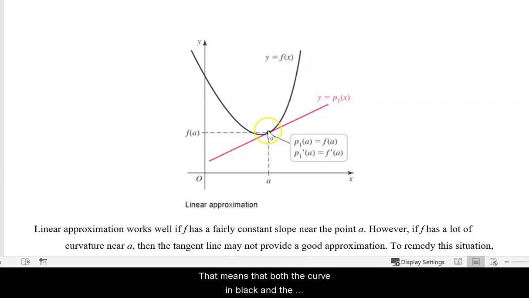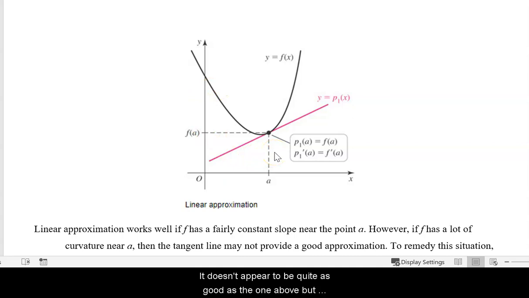That means that both the curve in black and the tangent line in red share the point (a, f of a). It also means that they have exactly the same derivative value at x equal a. And in fact, since the tangent line is increasing at that point, we know that the parabola must also be increasing at that point. This is again a linear approximation function.